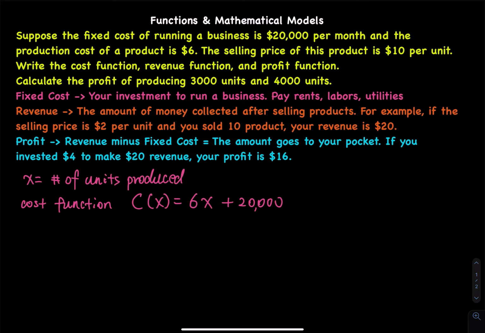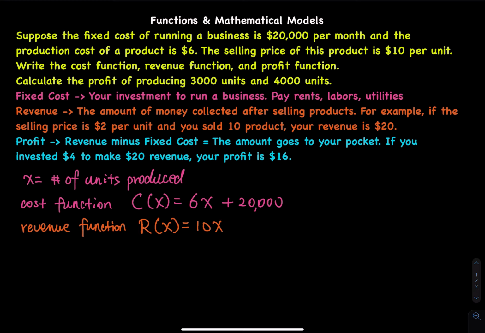So for the revenue function, I'm going to call that R of X, which equals 10x, right? If you sell 0 units, then your revenue is 0 times 10, so you get nothing. If you sell 2 units, then 2 times 10, you earn $20. If you sell 1 million units, then 1 million times 10 goes to your revenue.